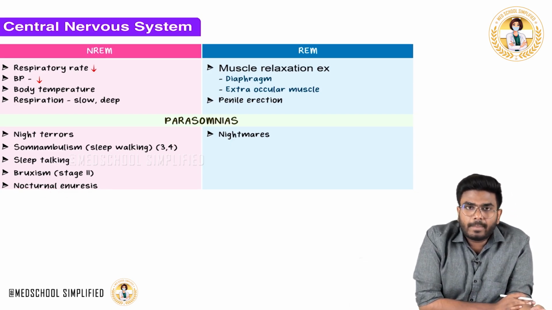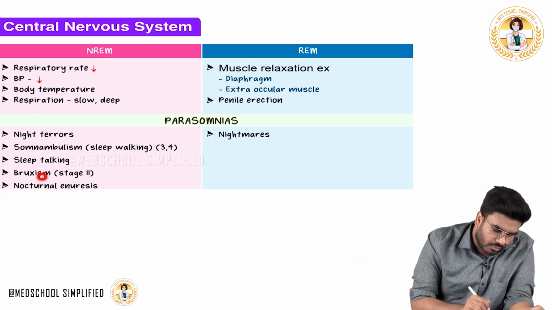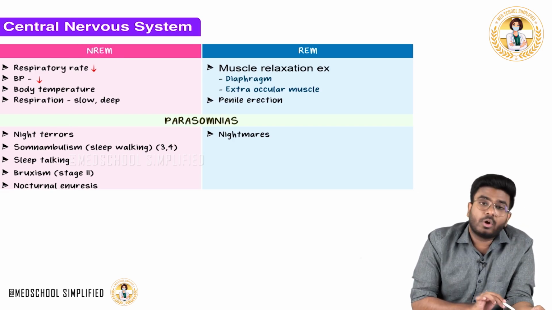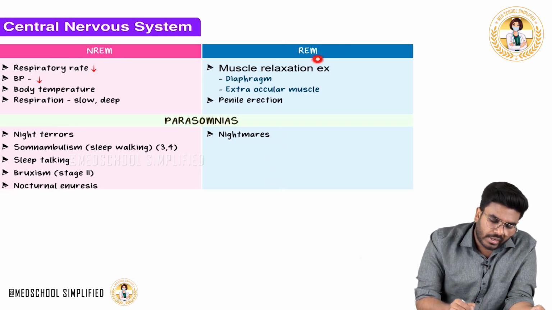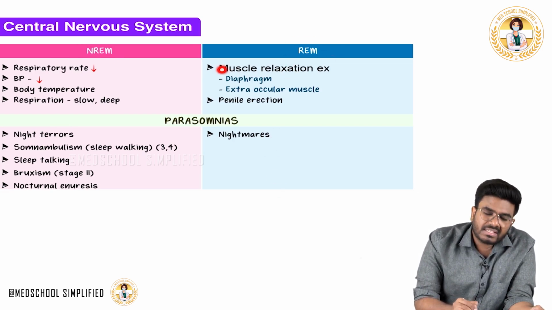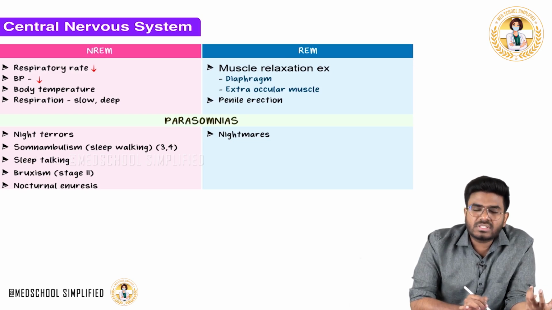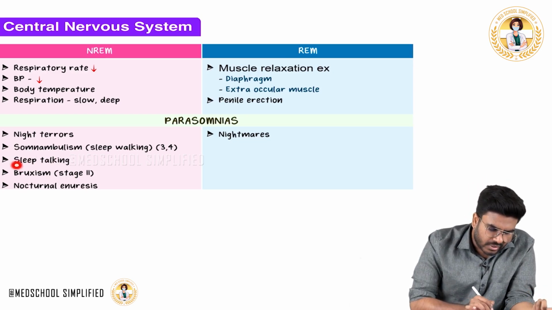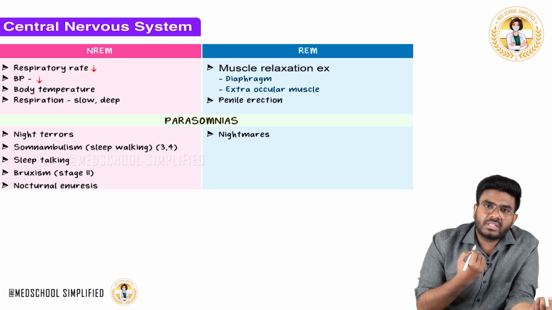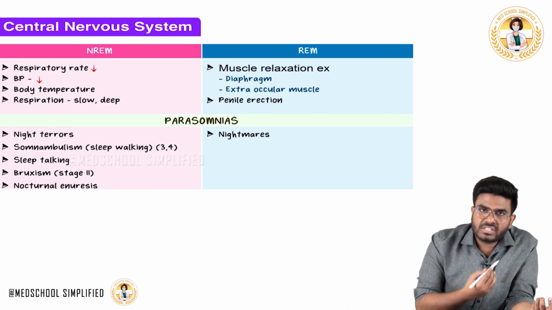See, all these events, walking, talking, bruxism, nocturnal enuresis, happen only in NREM, not in REM. Why? Because in REM all the muscles are relaxed. Walking is not possible, talking is not possible, bruxism is not possible. For talking, you need muscles: the tongue should contract, the pharyngeal muscles should contract, the facial muscles should contract.